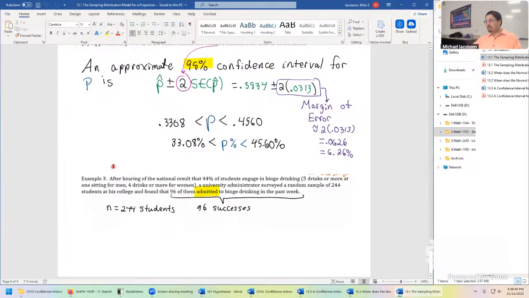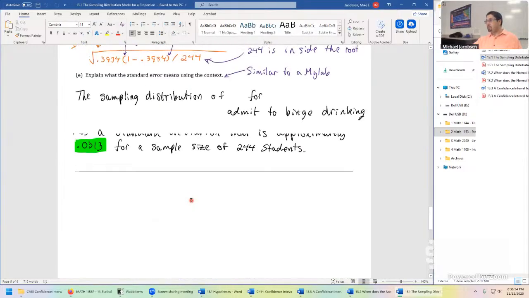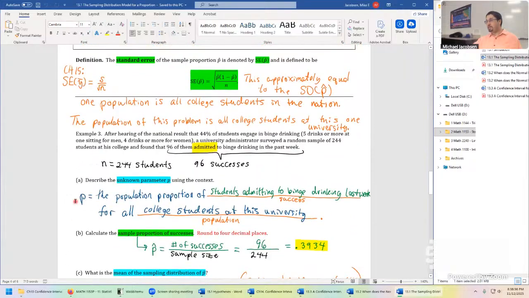Oh, here it is. After hearing of the national result, 44% of students engage in binge drinking, a university administrator surveyed a random sample of 244 students. 96 of them admitted to binge drinking. We wrote down a very specific parameter p for one population. And the hypothesized value, if we redid this as a hypothesis test, is 44%. So that's the hypothesized value on this one.